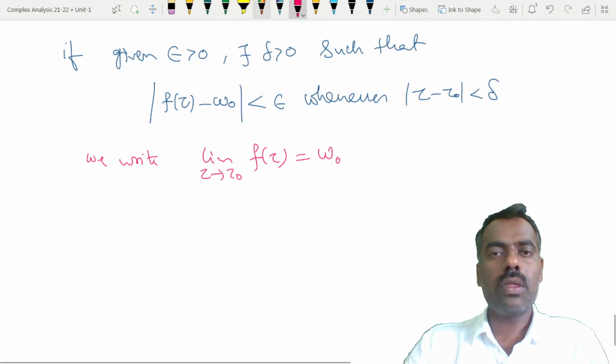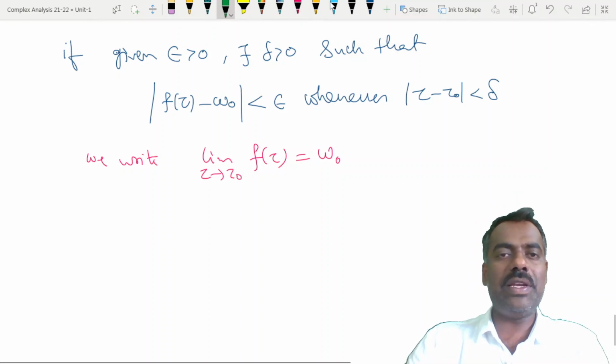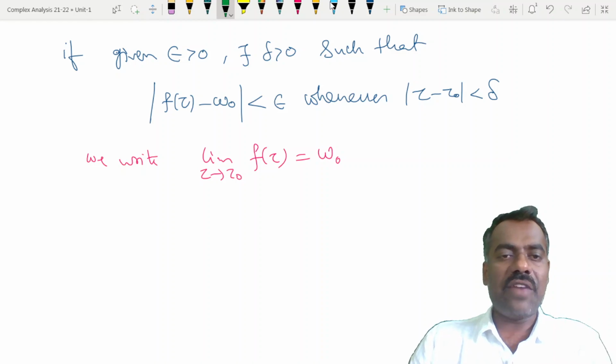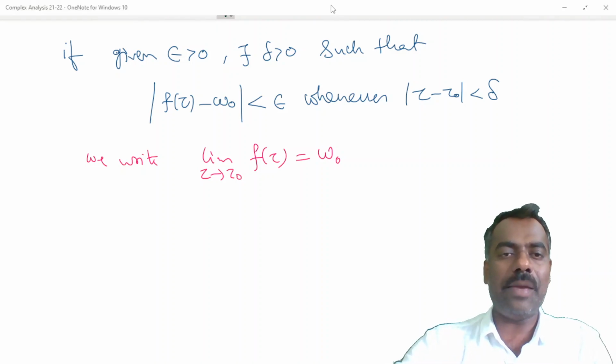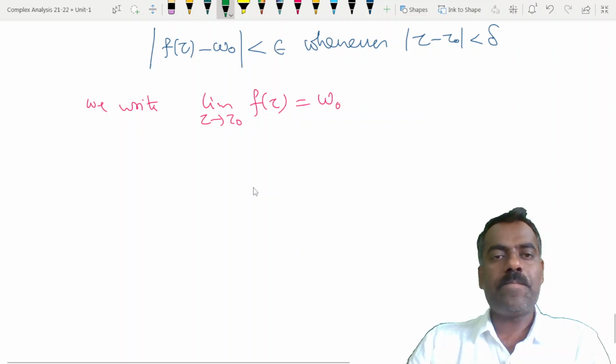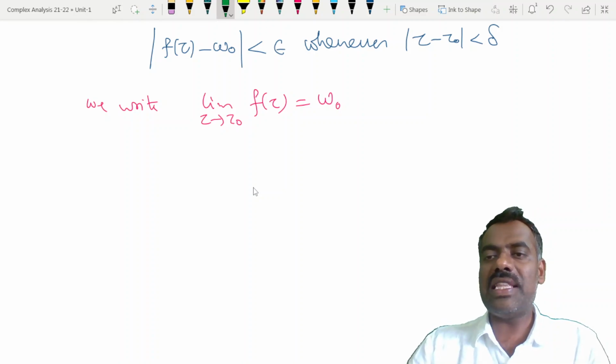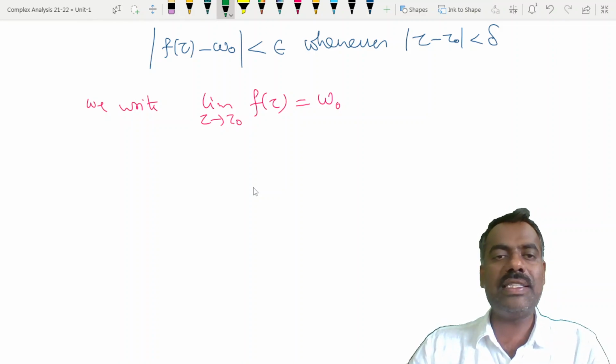Yes, sir. So let's understand the geometrical meaning of this. That means mod f of z minus w naught less than epsilon is the same as saying that f of z lies in the epsilon neighborhood of w naught whenever z lies in the delta neighborhood of z naught. Is that clear?